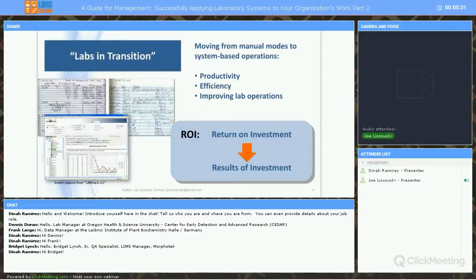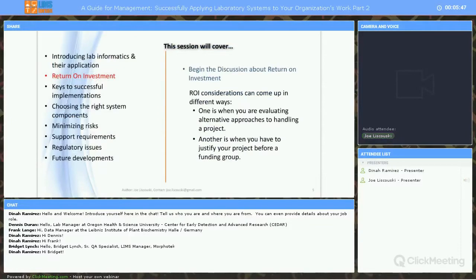While we usually think in terms of return on investment, we need to consider the results of that investment. Because once those investments have been made, the nature of laboratory work will change. The return on those investments is demonstrated by what they enable us to do. We will be spending this session on ROI, but we won't be covering all the details.